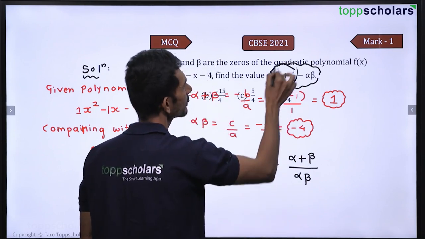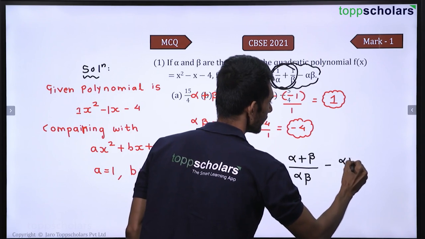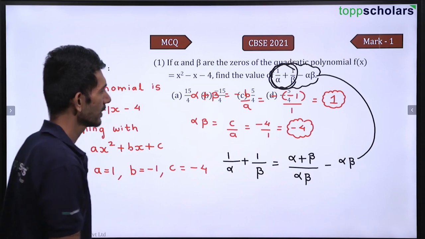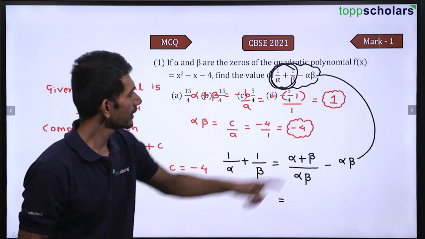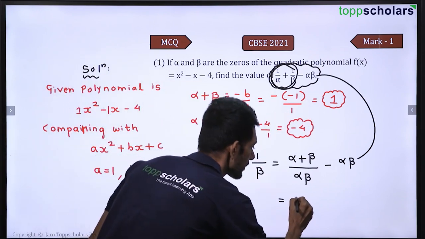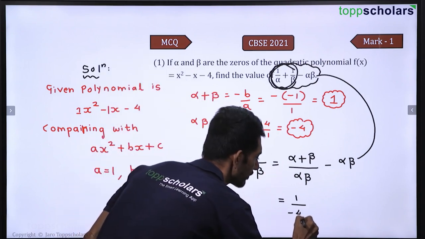So this part is alpha plus beta by alpha beta minus alpha beta, because this minus alpha beta is also there. Alpha plus beta is how much? Alpha plus beta is already over here, right? Alpha plus beta is 1 by alpha into beta, which is minus 4.